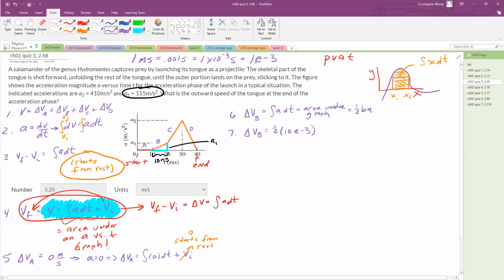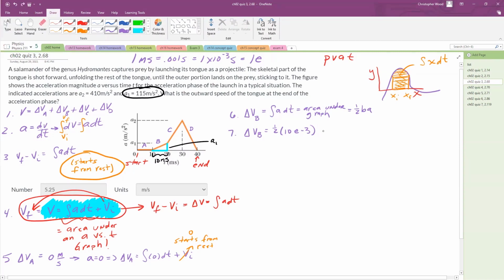I use this e minus 3, and that's not the natural log base e. E means times 10 to the, in this case, negative third. So 1/2 times base times height. My height here is A1, and A1 was given as 115.